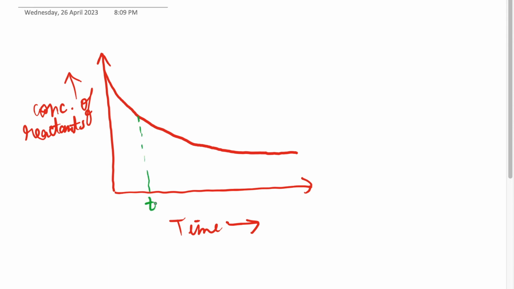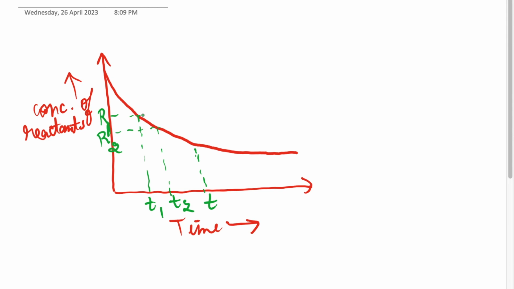At time t1, concentration of reactant is R1. And at time t2, concentration of reactants is R2. And this is time t.